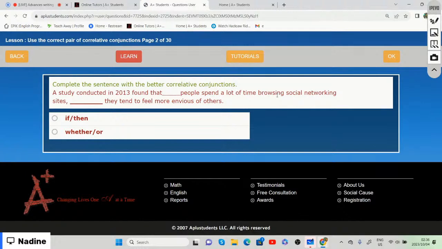So we choose between if and then, or whether and or. So we can say a study conducted in 2013 found that if people spend a lot of time browsing social networking sites, then they tend to feel more envious of others.